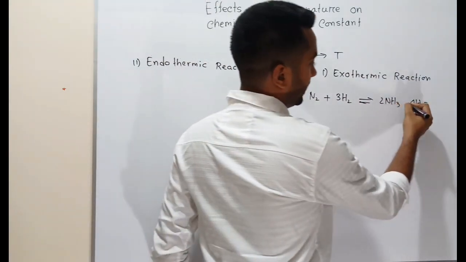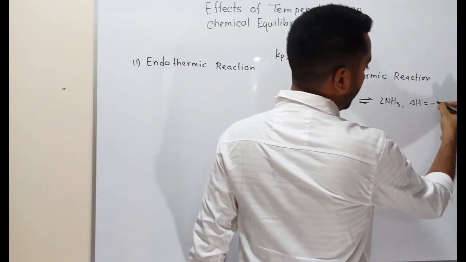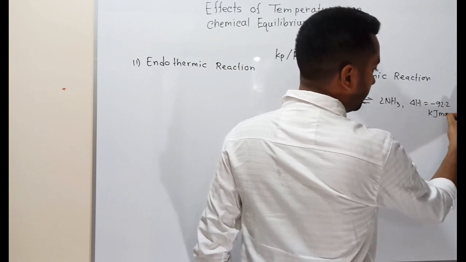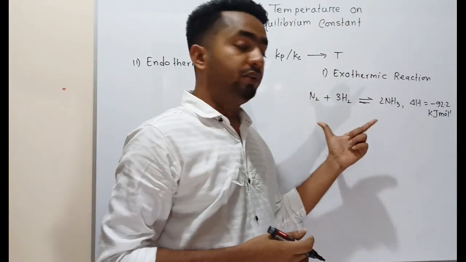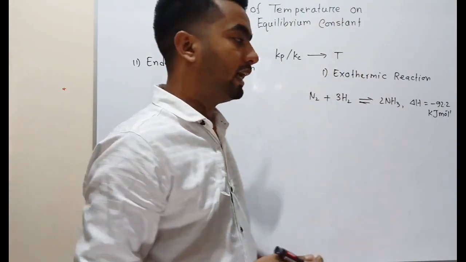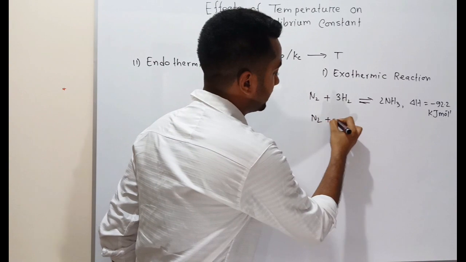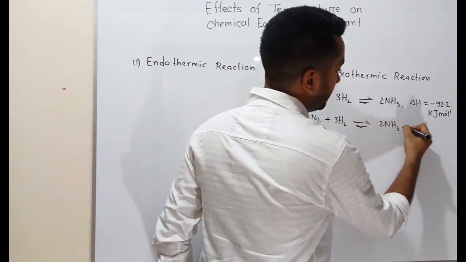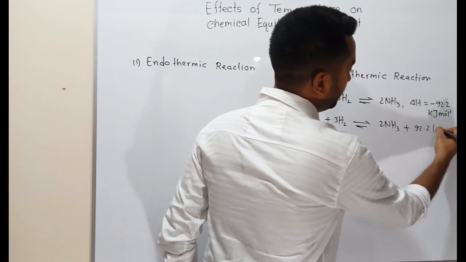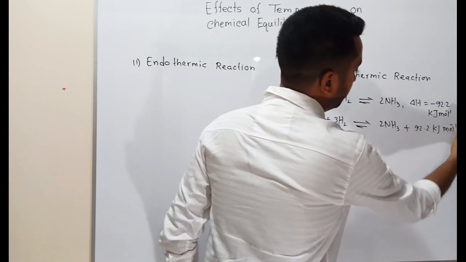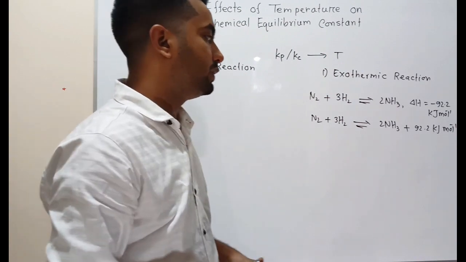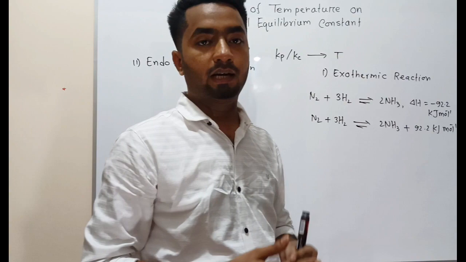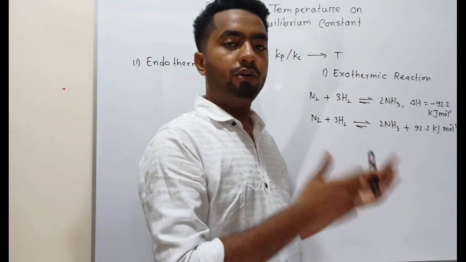For this reaction, delta H is minus 92.2 kilojoule per mole. This reaction can be written as N2 plus 3H2 to produce 2NH3 plus 92.2 kJ per mole. That means 92.2 kilojoule per mole of heat energy is released or produced here.